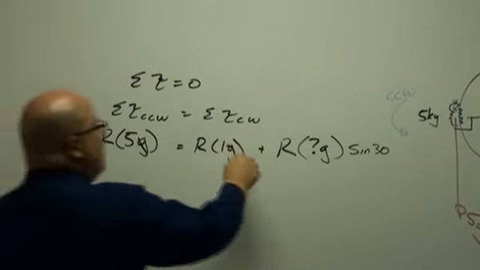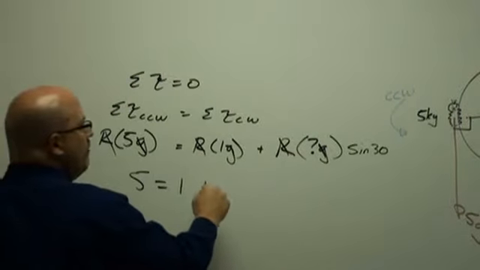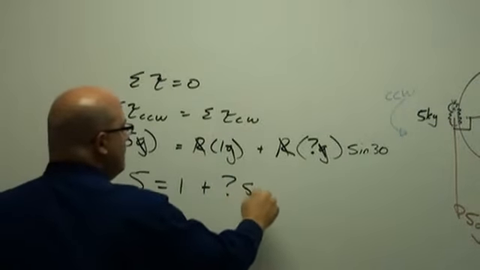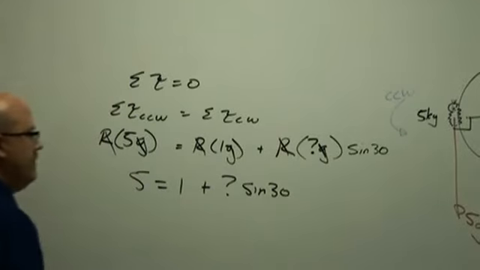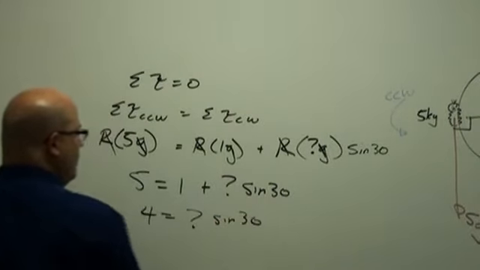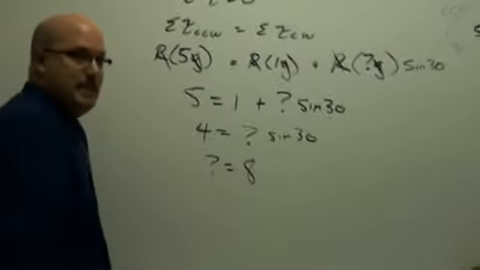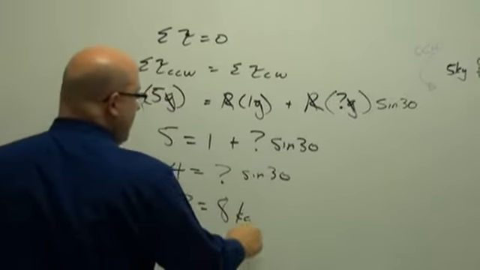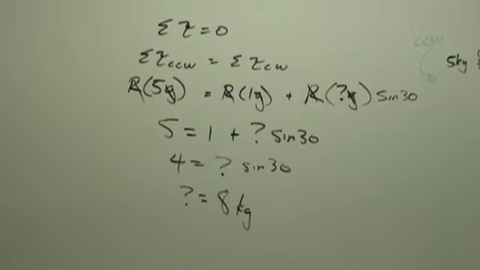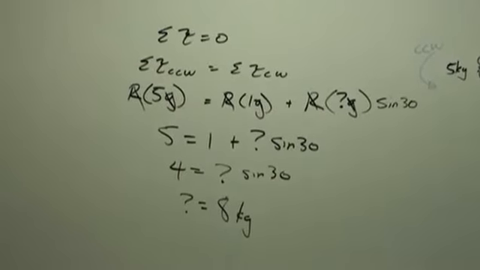So notice that G goes away. Notice that R goes away. I'm left with 5 equals 1 plus question mark times sine of 30, which is 4 equals question mark times sine of 30, which is 8. 8 kilograms. Now, let me show you why this whole perpendicular radius thing comes in handy.